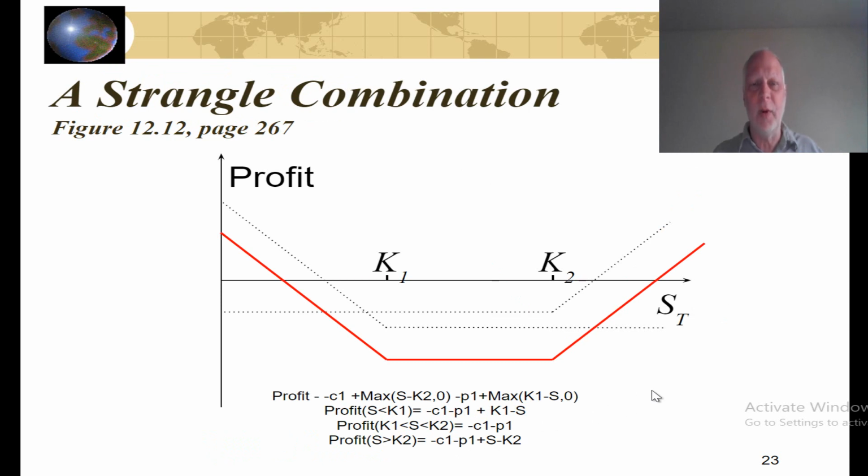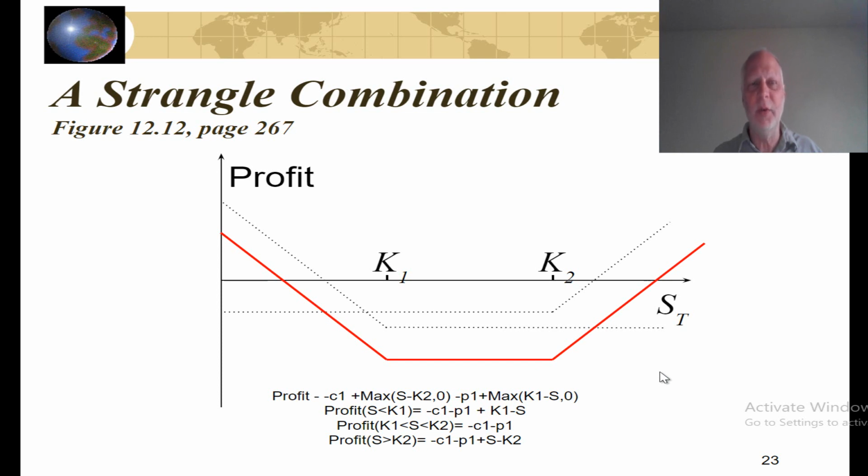How about a strangle combination? Well, this is very similar to the previous straddle, except now K1 and K2 are different. So we have a gap here, a long flat area of maximum loss.